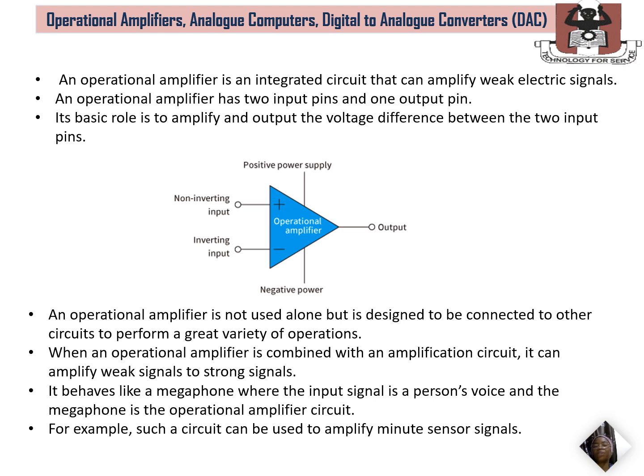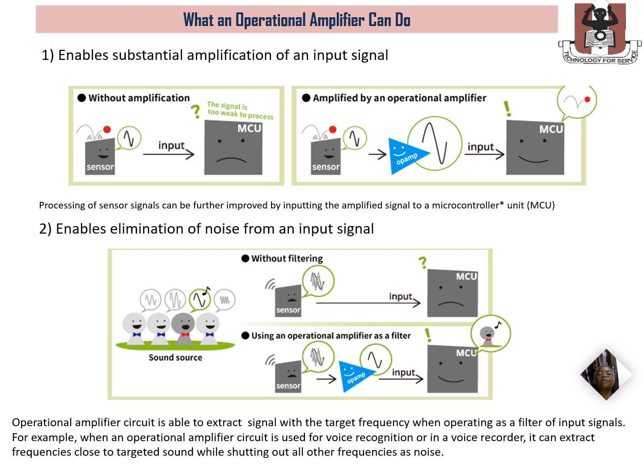Operational amplifiers behave similar to a megaphone, where the input signal is a person's voice and the megaphone is the operational amplifier circuit. For example, such a circuit can be used to amplify minute sensor signals, and these are the things operational amplifiers can do.